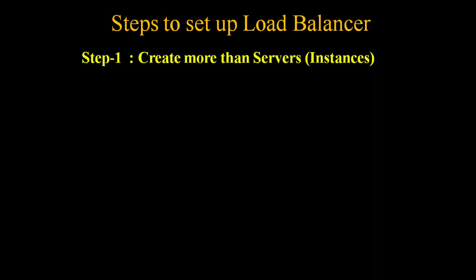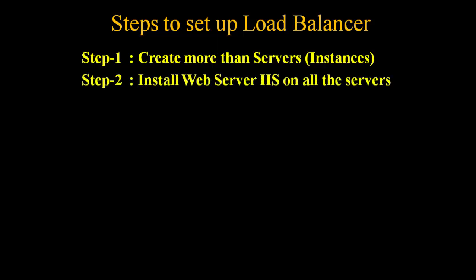Step number 1, create more than one server, or we can say instances. The initial step is to create multiple instances in different availability zones. Step number 2, install the IIS web server on all the servers. For example, if we have created 3 instances, then we have to install IIS on all the instances, because we want to verify whether the load balancer is working or not.